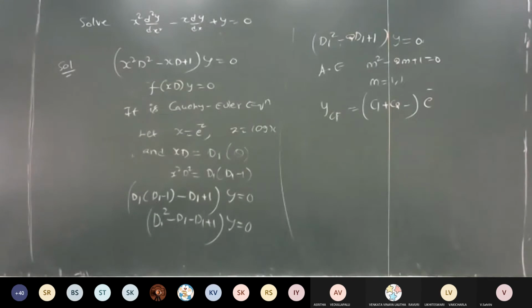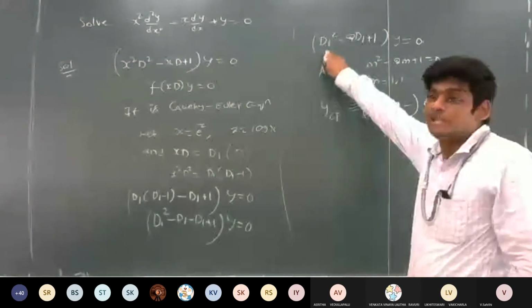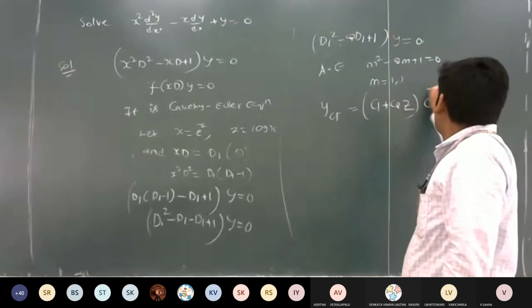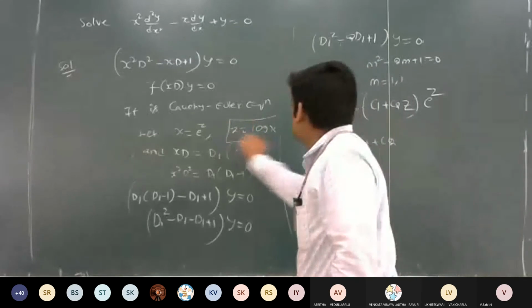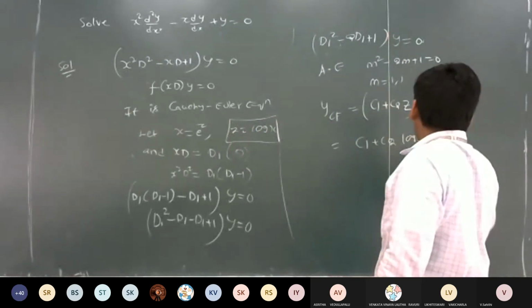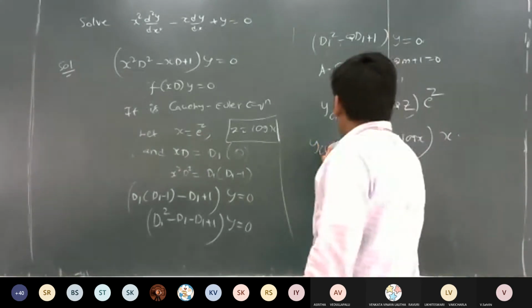Here D1 is related to z, so it is c1 plus c2 z into e power z. What is z? z is log x. So this is y.